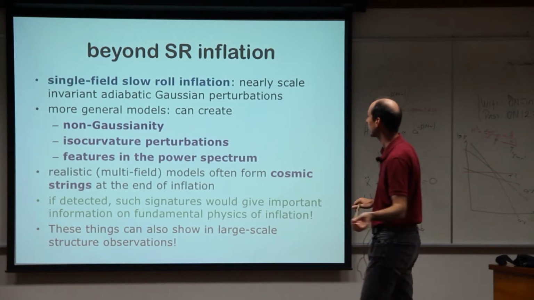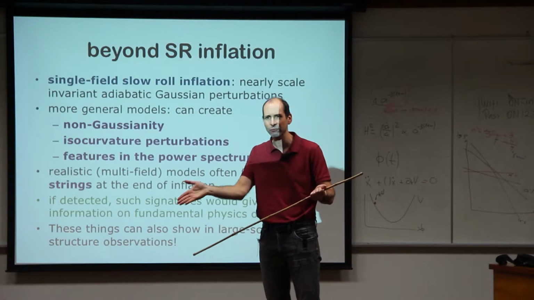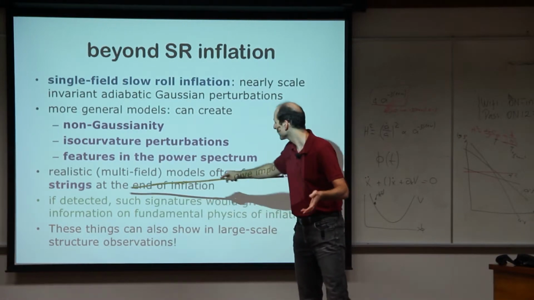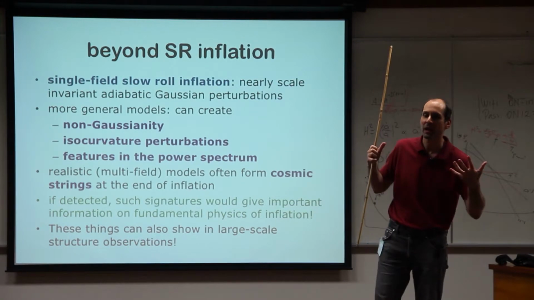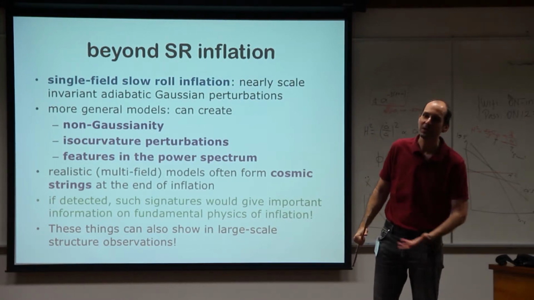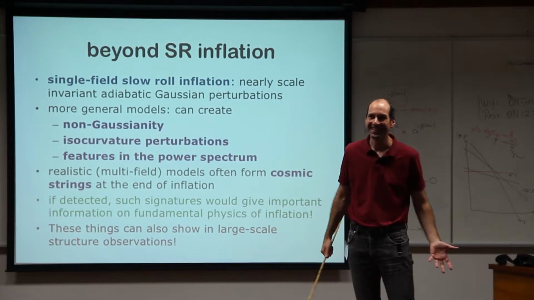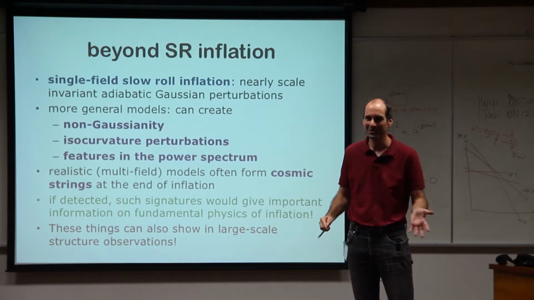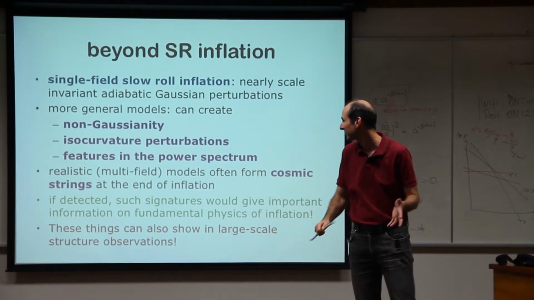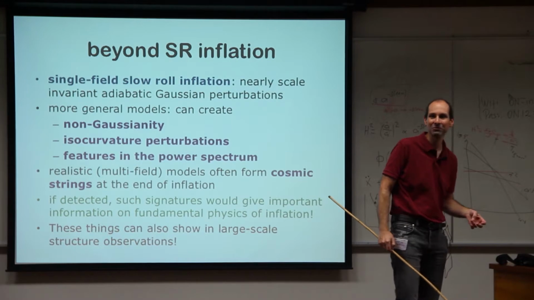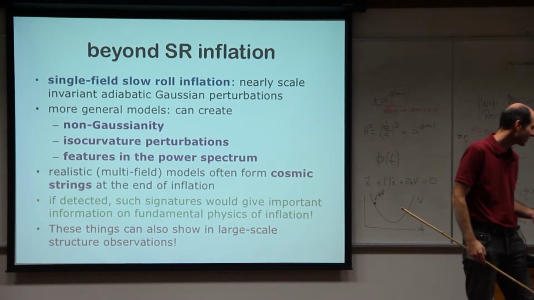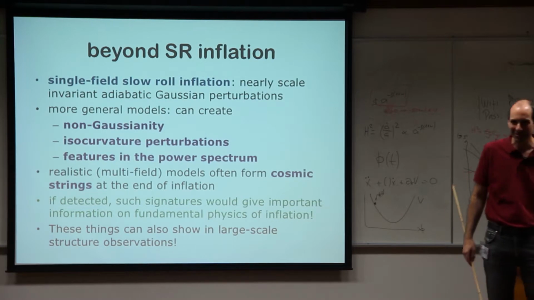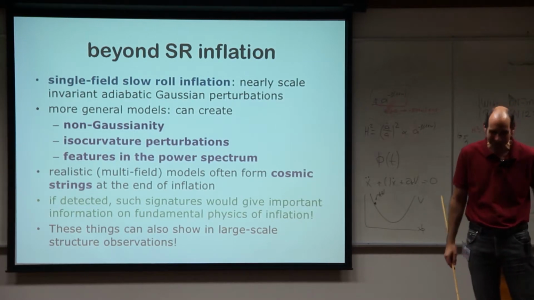It would also tell us if there were any curves in the field trajectory. And strings, if we saw them, would tell us a lot about the vacuum manifold at the end of inflation. So the absence kills models, but the presence of these features would be much more informative. But somehow in cosmology, it seems to be a standard problem that we're always in the least informative plane.